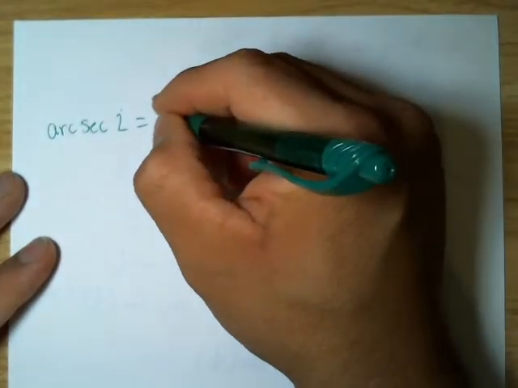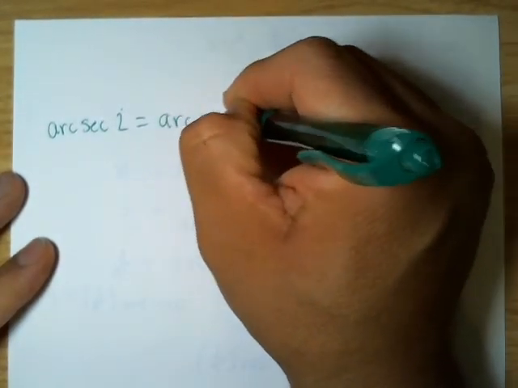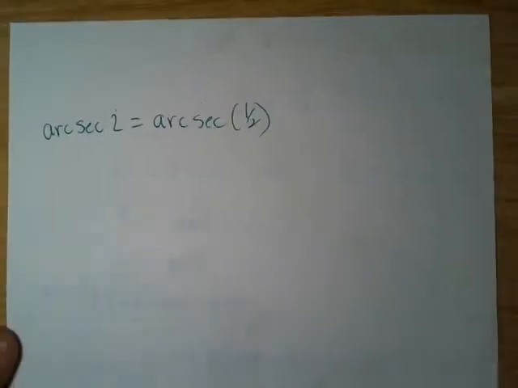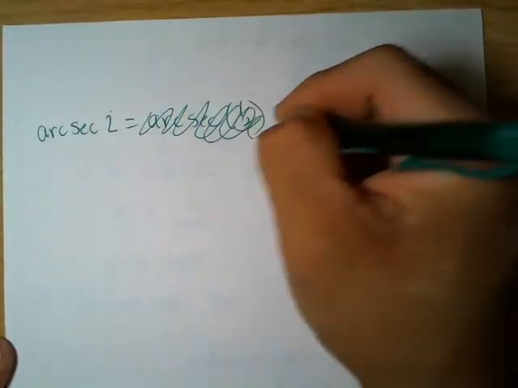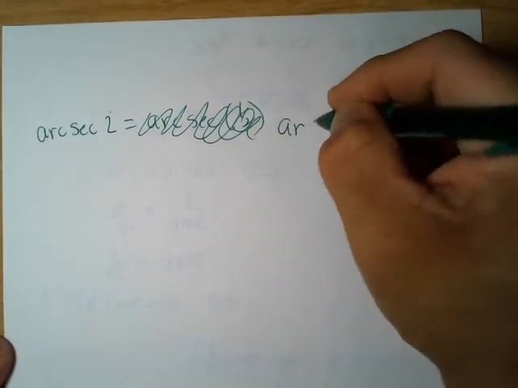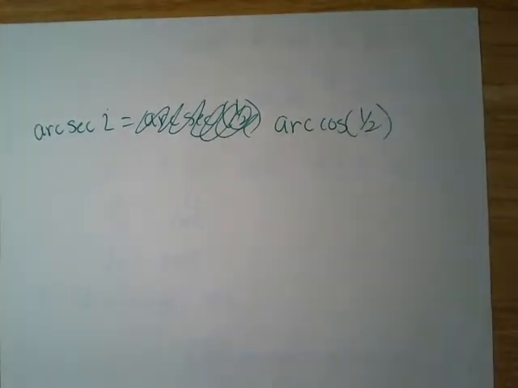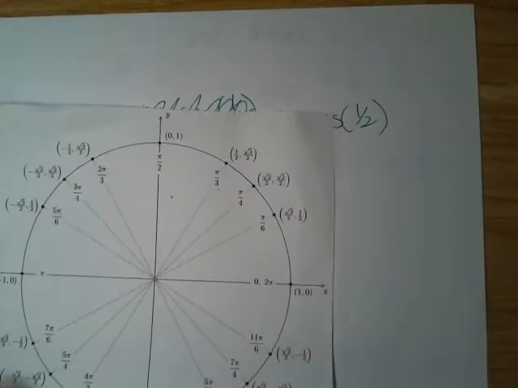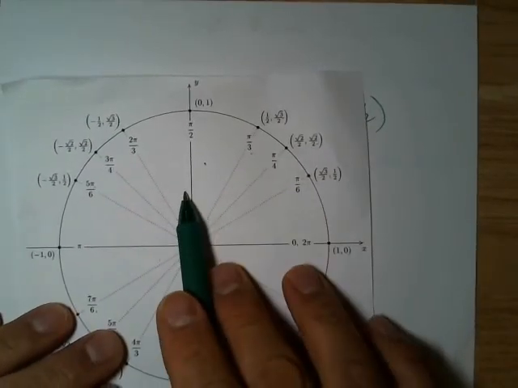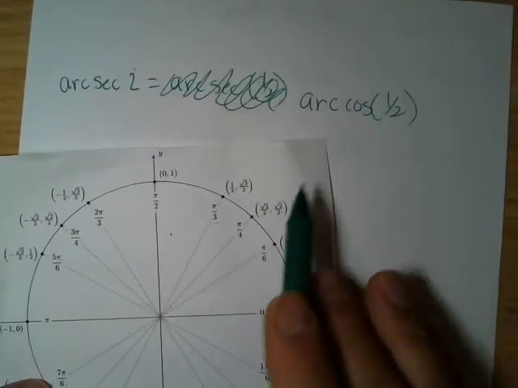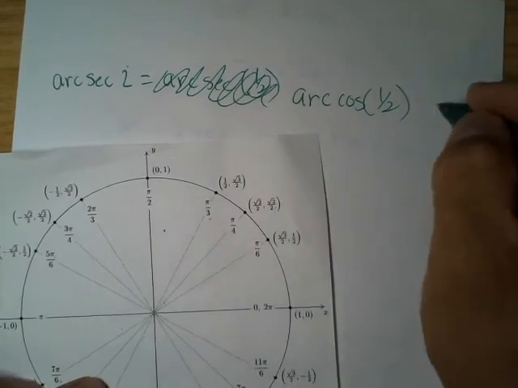Right away you can say, well, this is the same as arc cosine of 1 over 2. And again, cosine between 0 and pi, positive, first quadrant, 1/2 corresponds to an angle of pi over 3.